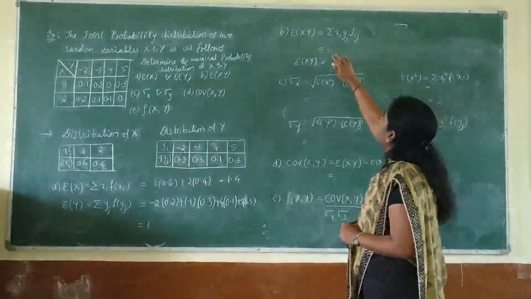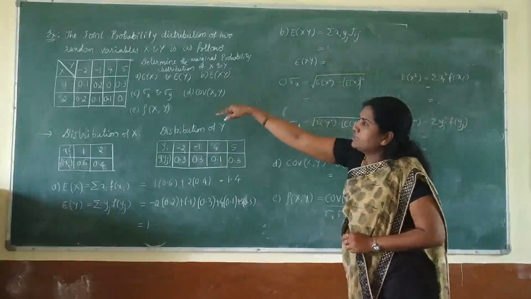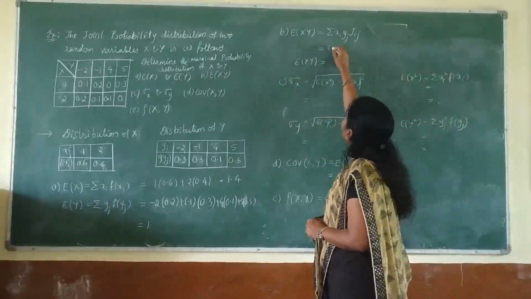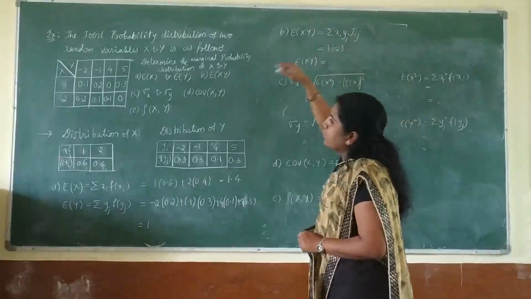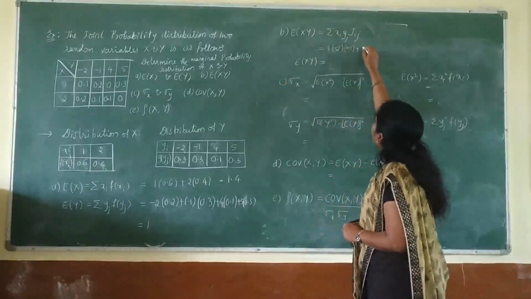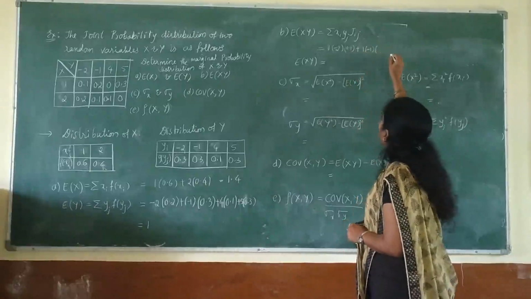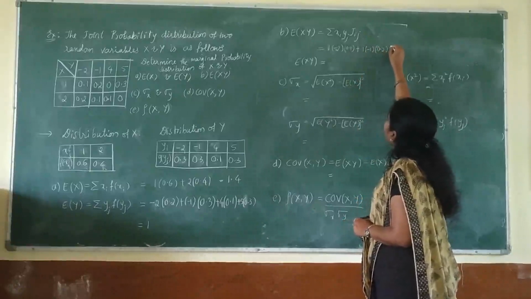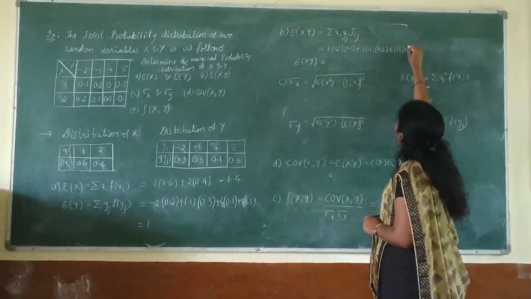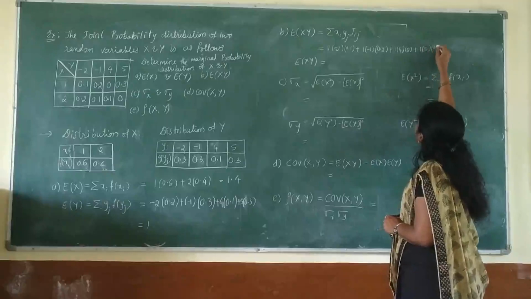Next, expectation of xy, the summation of x into y into f of x, y. First, 1 into -2 into 0.1. Second, 1 into -1 into 0.2. Next, 1 into 4 into 0 plus 1 into 5 into 0.3.